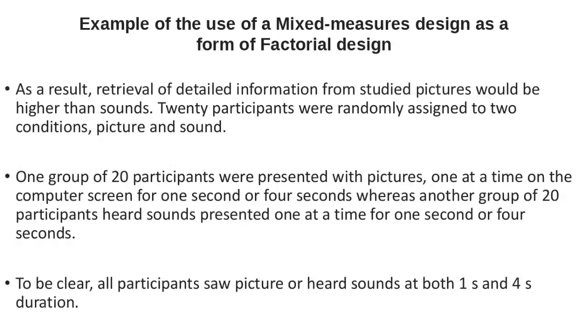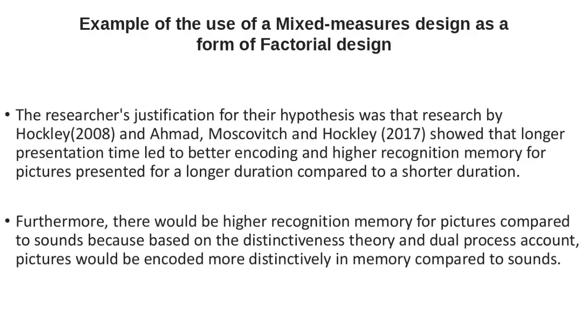Let's say a researcher wants to look at recognition memory for pictures and sounds, and is also manipulating the duration of presentation of the pictures and sounds. What is their justification for their hypotheses? Their hypotheses are that pictures will be remembered better than sounds, and that for the longer duration, pictures will be remembered better than sounds.